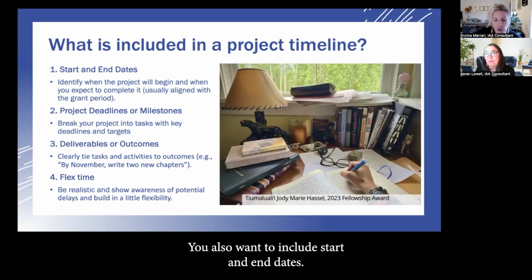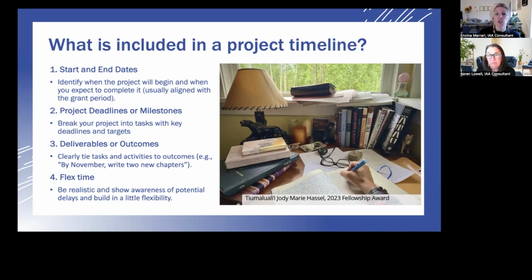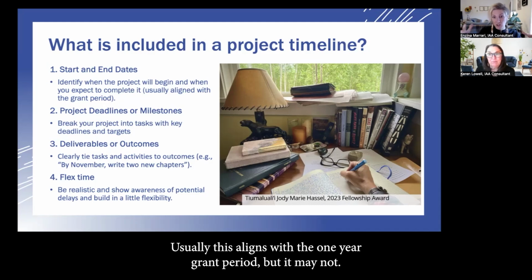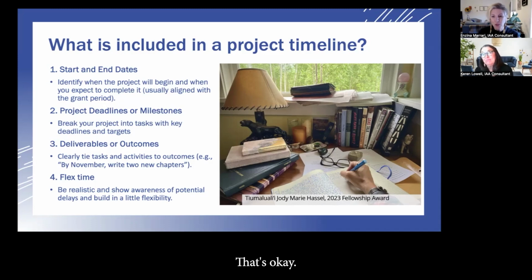You also want to include start and end dates. Identify when the project will begin and when you expect to complete it. Usually, this aligns with the 1-year grant period, but it may not. You might have a project that begins and ends within a 6-month period. That's okay. Just make sure to indicate that in your timeline.